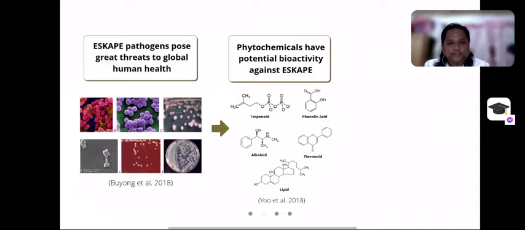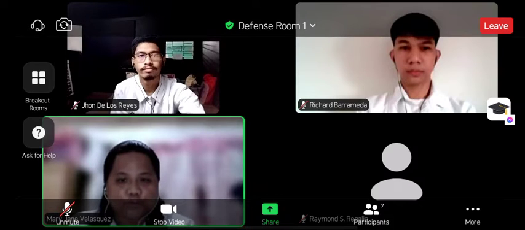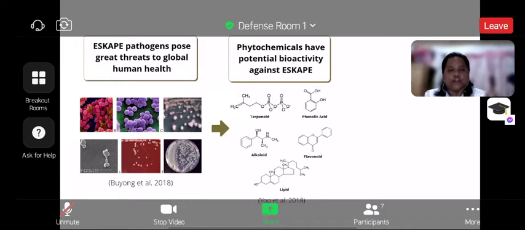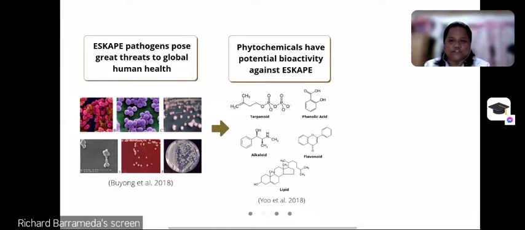On the other hand, phytochemicals, which are naturally found in plants, have been reported for improving human health through their pharmacological properties by treating various diseases, some of which are caused by pathogens. In particular, phytochemicals have been studied for their potential bioactivity against ESKAPE pathogens.